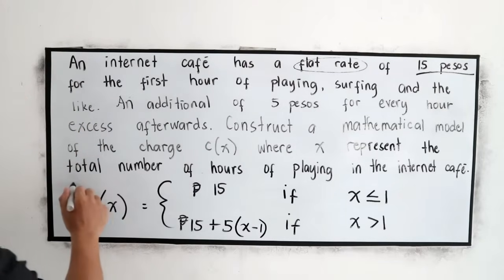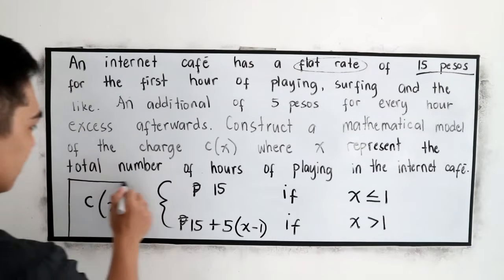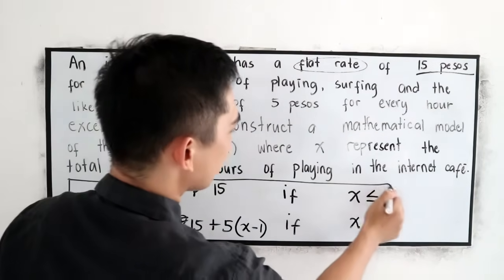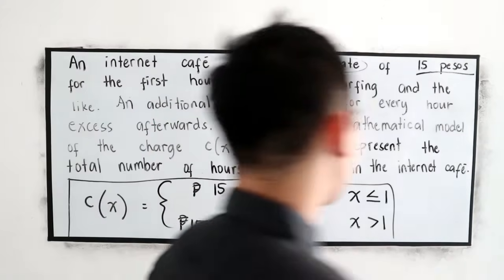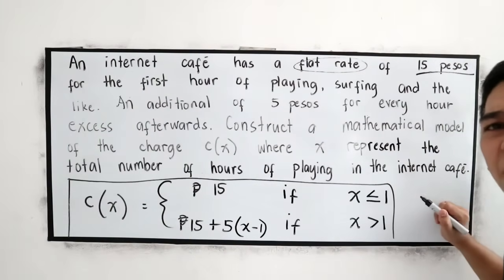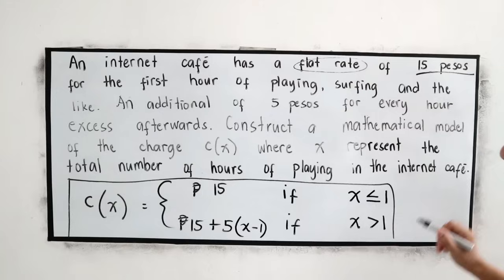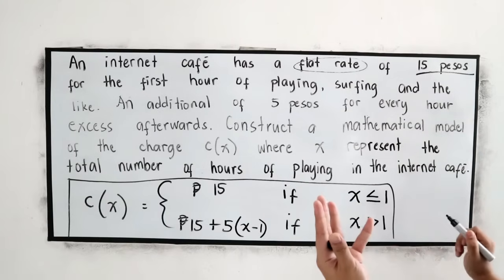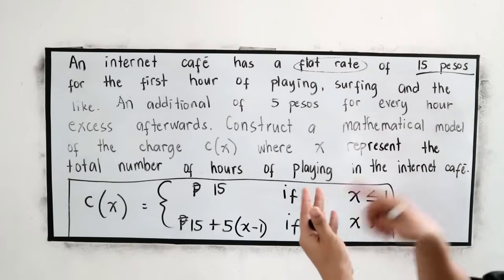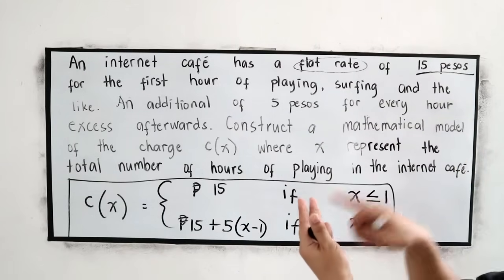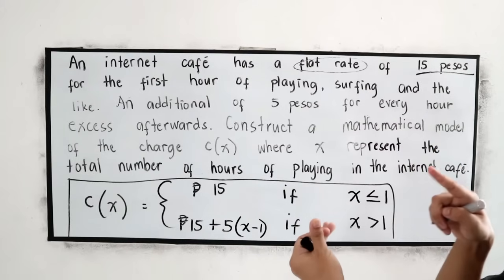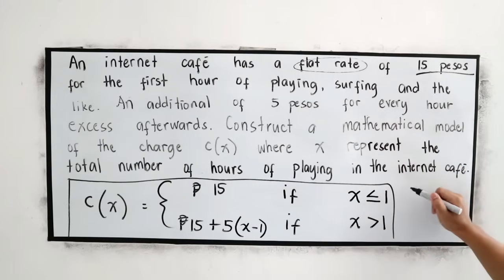So, ito na ngayon yung ating model. So, pwede natin i-check kapag 5 hours. So, kapag 5 hours ako, alam natin na ang babayaran ay kapag 2 hours 20, 3 hours, 25, 4 hours, 30, 5 hours, 35. I-check natin.